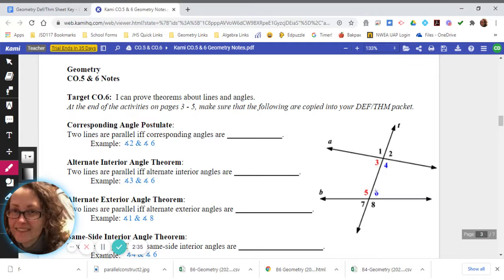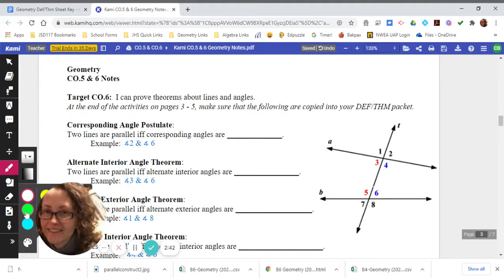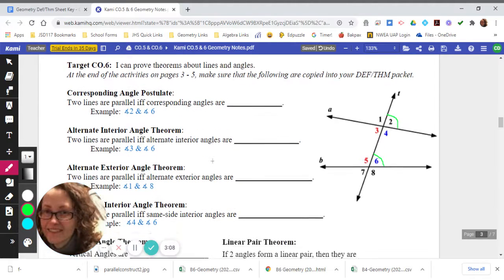So I have angle 6 and angle 2 on the same side of T in corresponding spots. Angle 2 is on the top right of its group, and angle 6 is at the top right of its group. So those are corresponding angles.